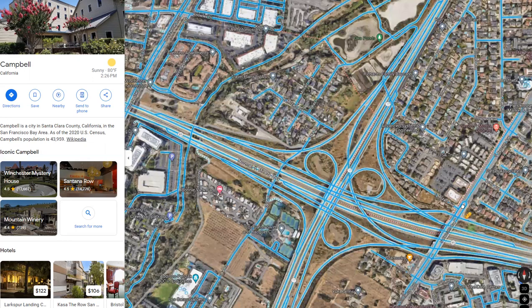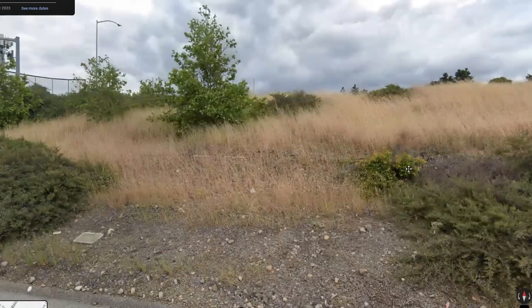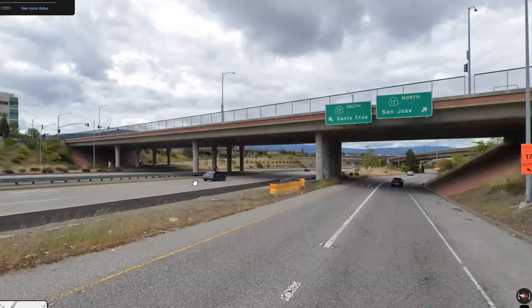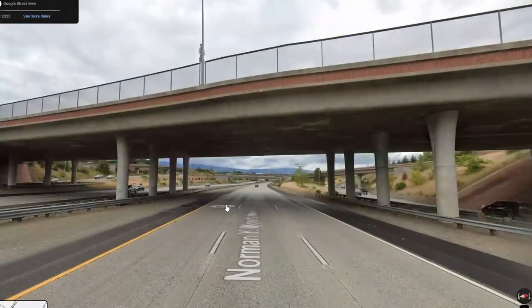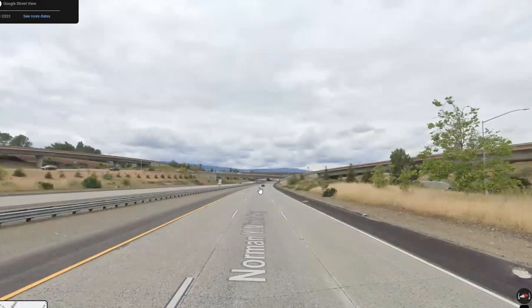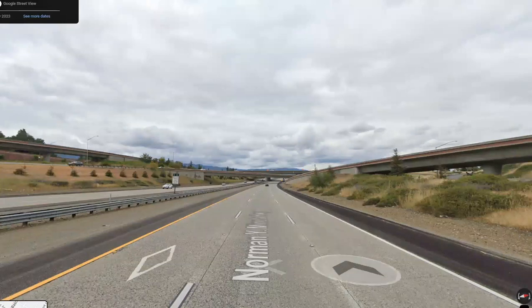Now, looking at this is Highway 85 at kind of the Campbell, San Jose, Los Gatos area. They built Highway 85 in the mid-90s, I think. This picture was taken in May of 2023.